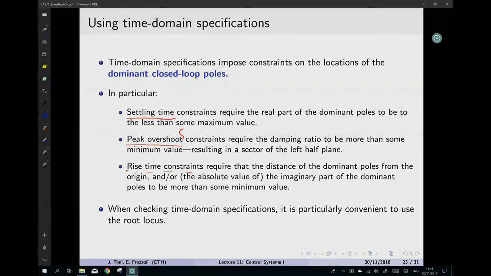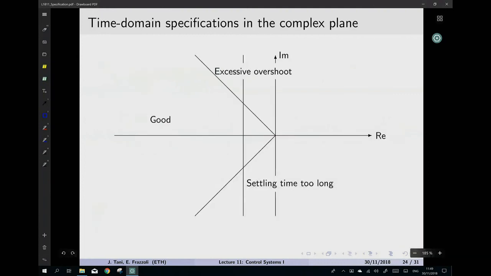Of course, it's very nice to use the root locus when you want to define or design a controller that is based on given time domain specifications, because basically it becomes an exercise of placing the poles in the right part of the plane. So somebody could come to you and say, I want your system to have a settling time that is smaller than 10 seconds and an overshoot that is less than 3%, or whatever it is.